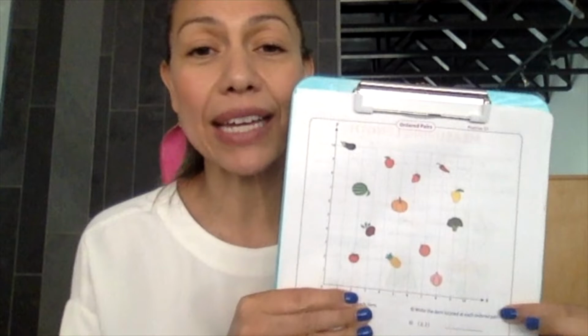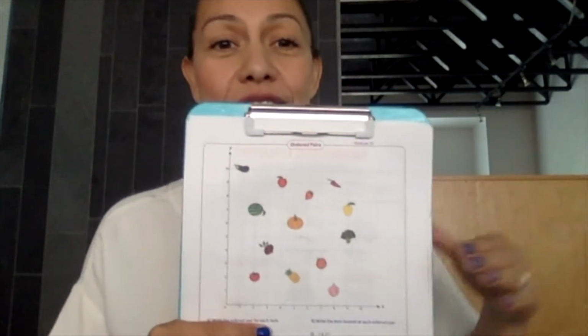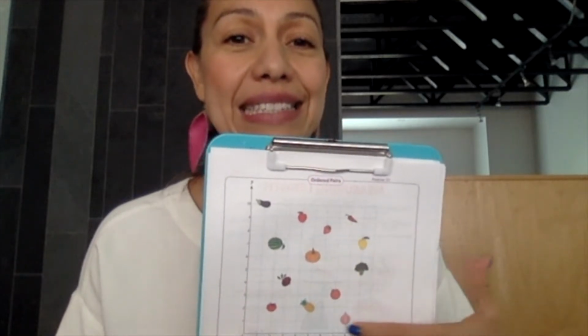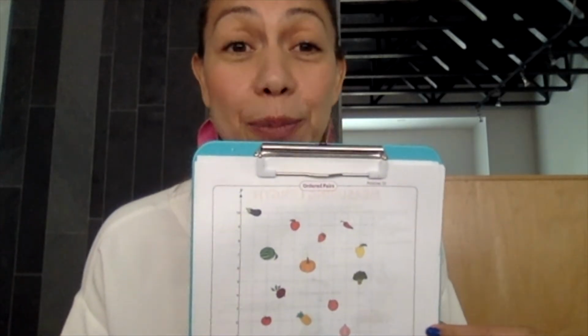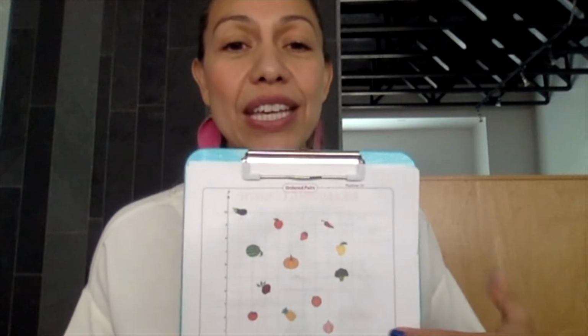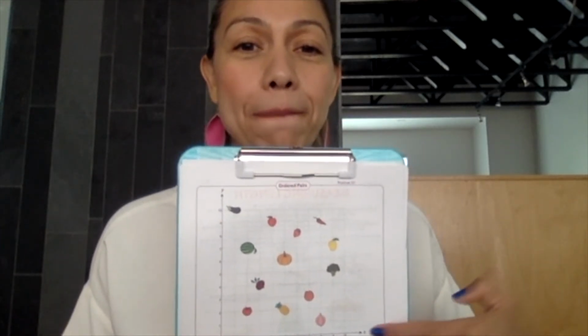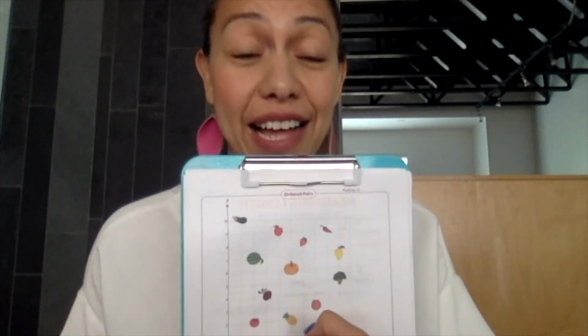Okay, so what is a coordinate plane? Well, it is made up of two lines. You see this line right here? This line right here, it is a horizontal line, correct. So this horizontal line, it's called our x-axis. So we'll call it our x position, okay? So this line that goes across is our x position line.